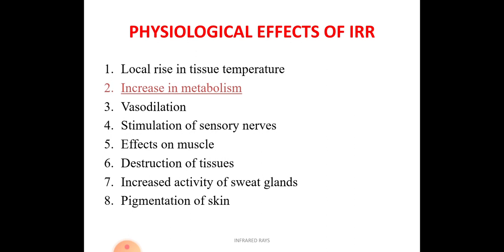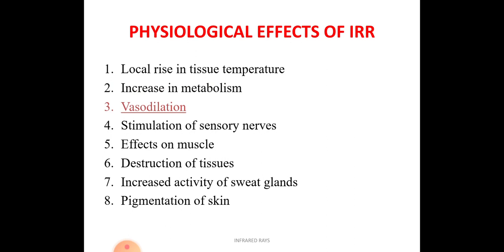Now, increase in metabolism. By increase in anabolism and catabolism of our body, the metabolism, which is nothing but the product of anabolism and catabolism, will increase. Then comes vasodilatation.